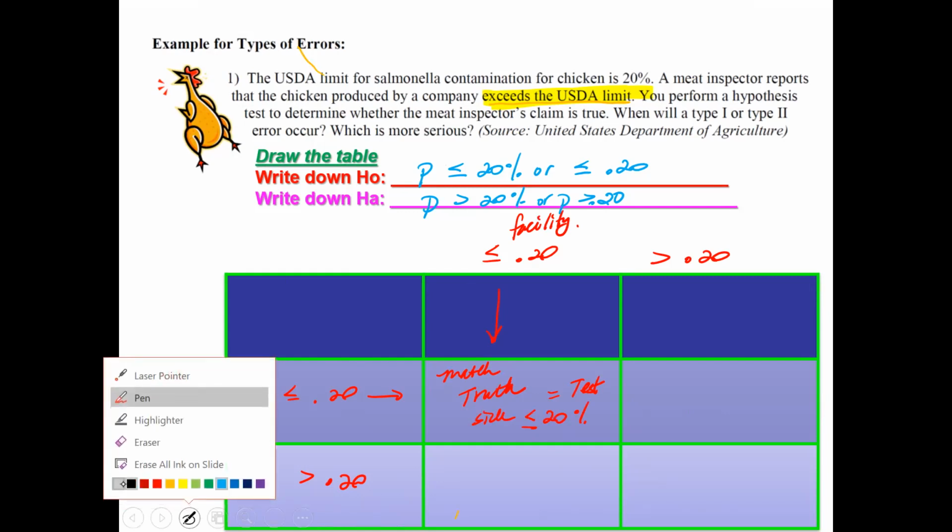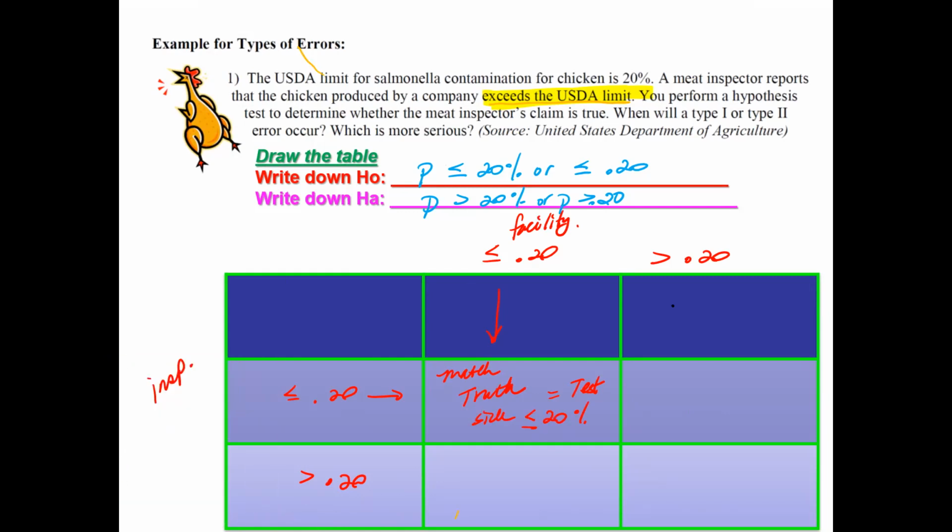Now, on the other hand, if the facility is tested for more than 20% of the time, and the test shows that, actually, I have this backwards, sorry, I'm going to change this a little bit. So this is the inspector. Actually, no, I'm sorry, that is correct. Facility, inspector.